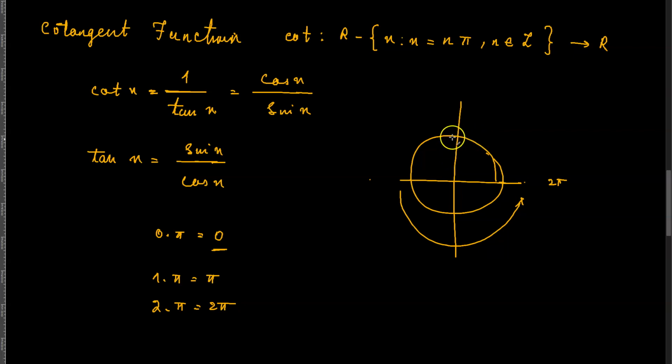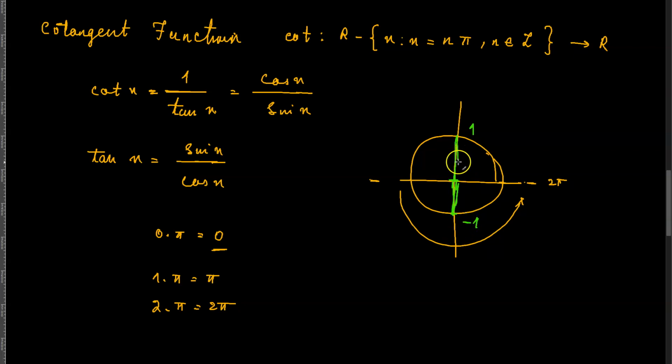The reason why the sine at this angle and at this angle are 0 is because we measure the length of the sine of an angle along this vertical axis, either here or here. If you move from here all the way up to here, that would be a 1. If you move from here all the way down to here, that would be a negative 1.